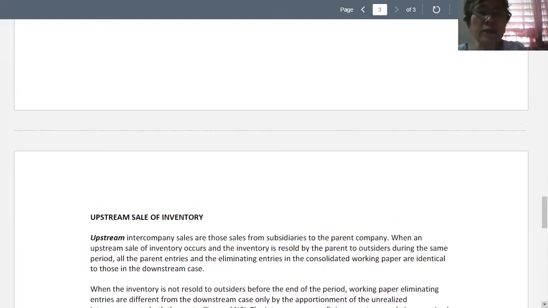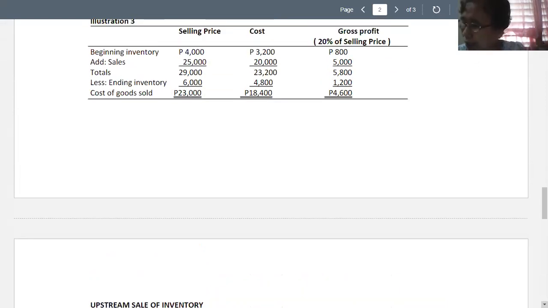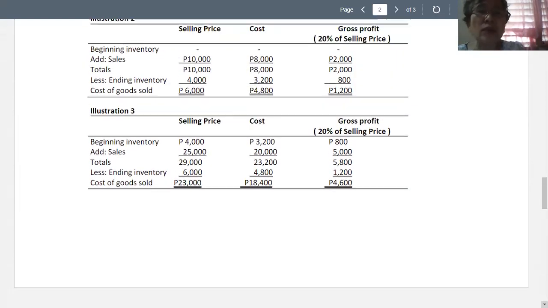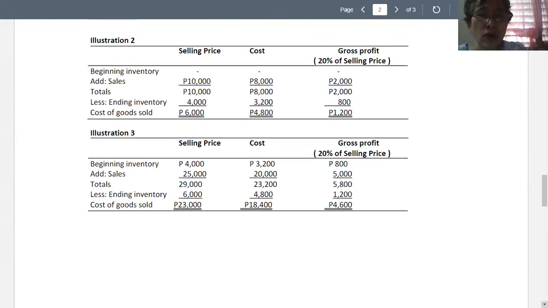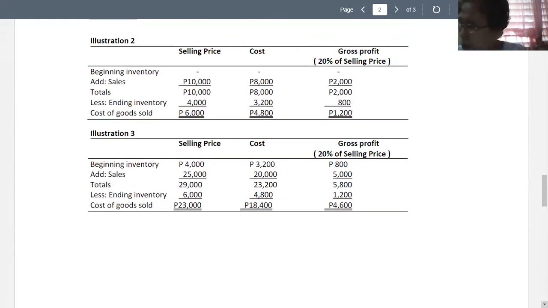So we have now debit to sales 25,000 and credit cost of goods sold by 25,000 to eliminate intercompany sales of merchandise.